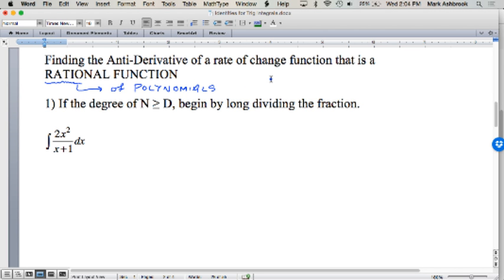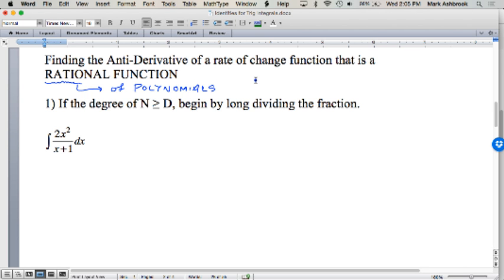And we know polynomials are things like 5x cubed minus 4x squared plus 3. Those kinds of things, right? So when you put a ratio of those two, you get what's called a rational function. And certain types of rational functions, you can find the antiderivative by the technique we're going to do today, which is called partial fractions.